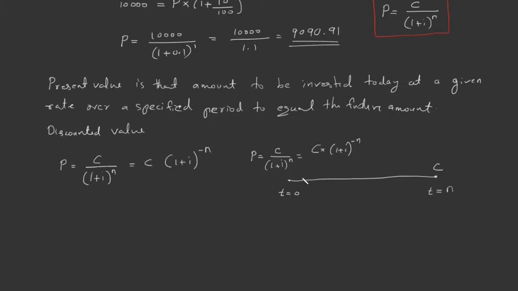Therefore, this can be called the present value of C due at time n if the interest rate is i.